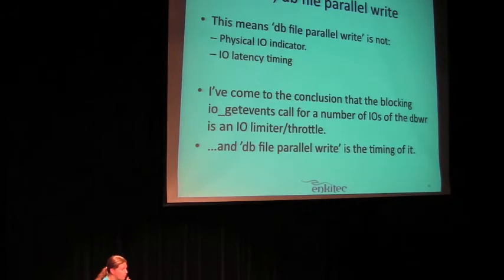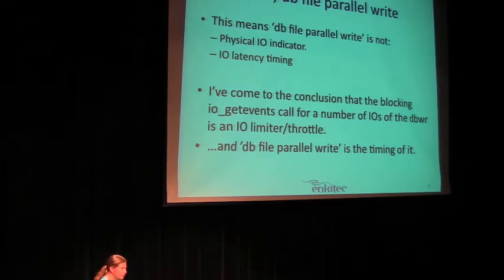What is extremely important, especially for people looking into database writer performance, is that DB file parallel write has nothing, absolutely nothing to do with the number of physical IOs. You can't tell anything about the number of physical IOs because it can reap more IOs. It is the minimum number of IOs it can reap, but it can be way more.